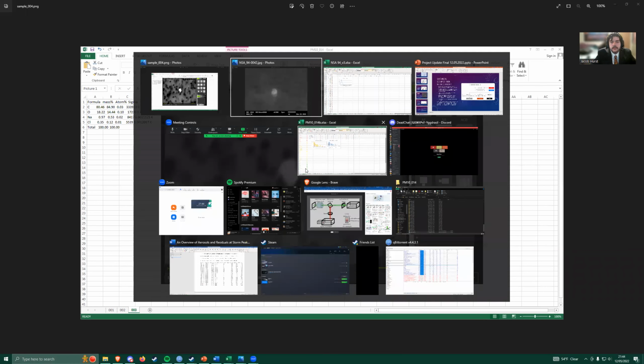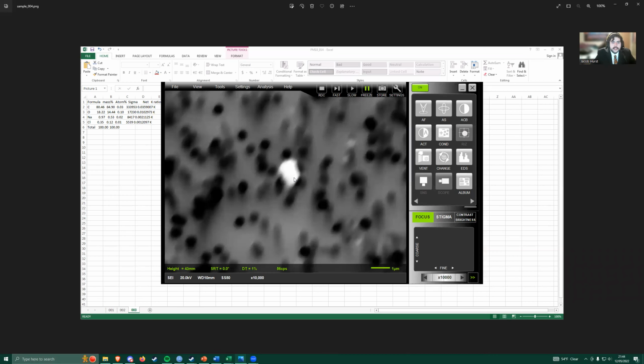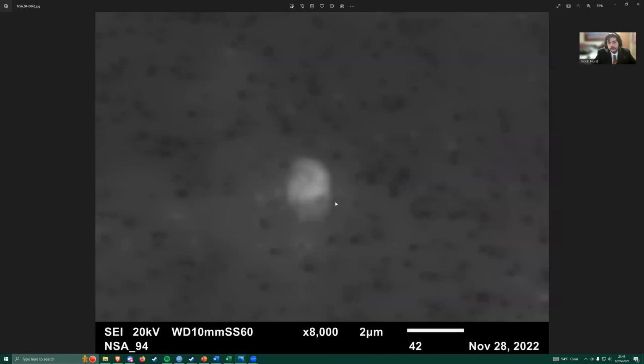And then this is one of the images that I took really recently. From what I can tell, I'm getting a lot better at it, at least for focusing it and getting the colors right, so you can actually see physical properties of the particle. Like you can tell there's an indentation here, or that there's also a fall off here.